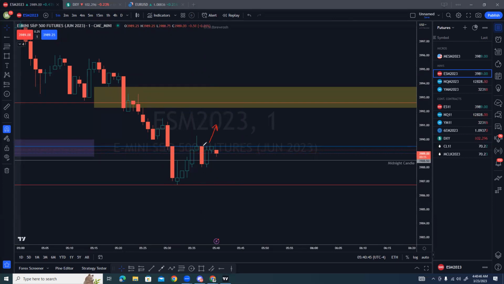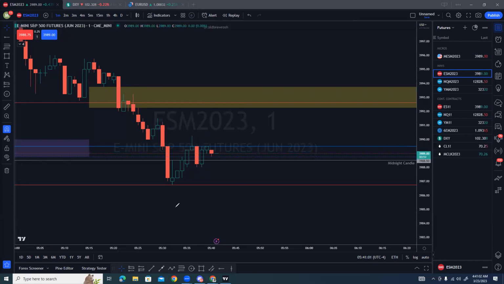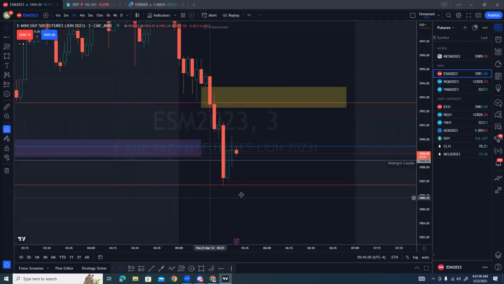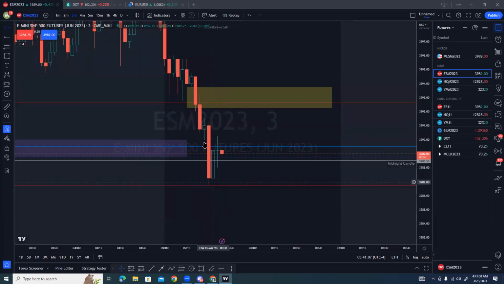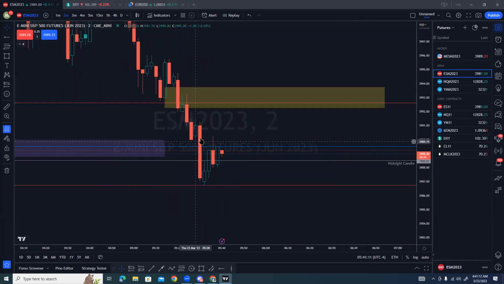If it never creates a new high, then no. This one, maybe on a higher time frame. Not on this one. Let's go to the 3-minute. So again, not yet, because we haven't made a new high yet.